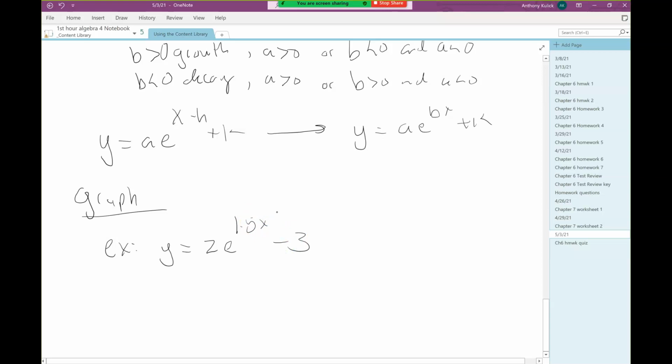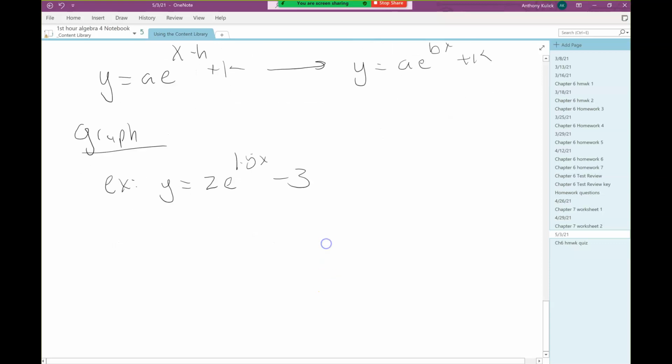So let's say we want to graph y equals 2 times e to the 1.5x minus 3. My a is 2, my b is 1.5, and my k is negative 3. Since the a is positive and the b is positive, I know we're talking about exponential growth.